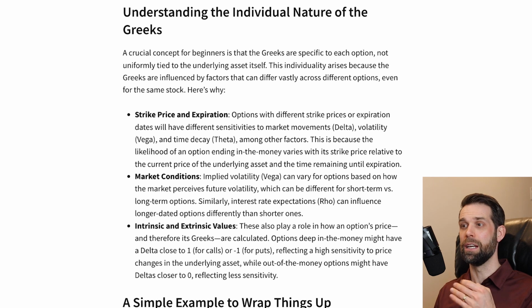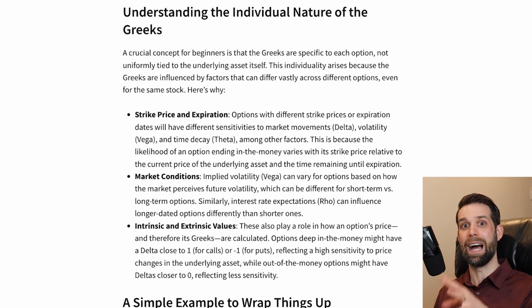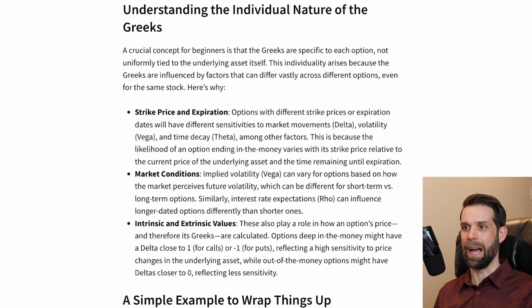Again, market conditions play a role as well. Implied volatility can vary for options based on how much the market perceives future volatility. And strike prices that are in the money or out of the money are going to affect the value of Vega for those different strike prices and expiration dates.